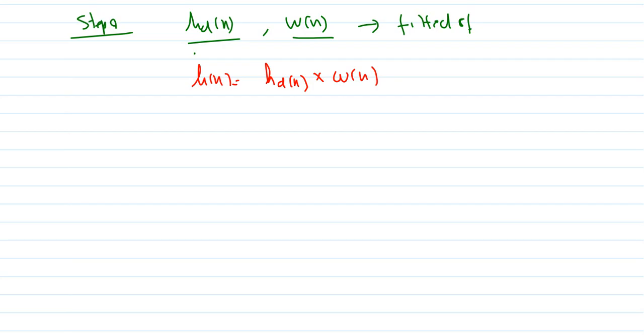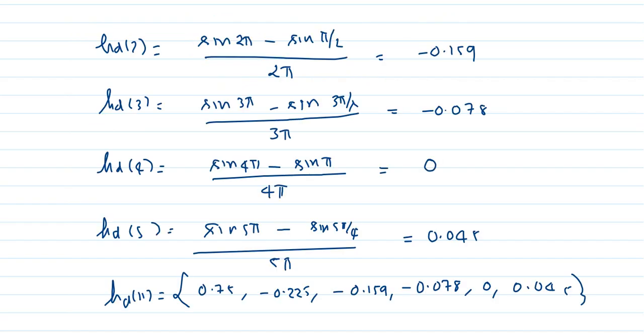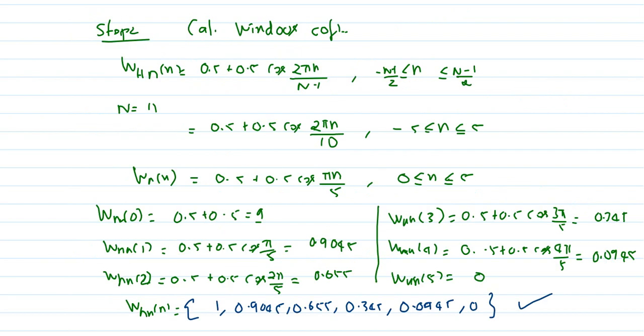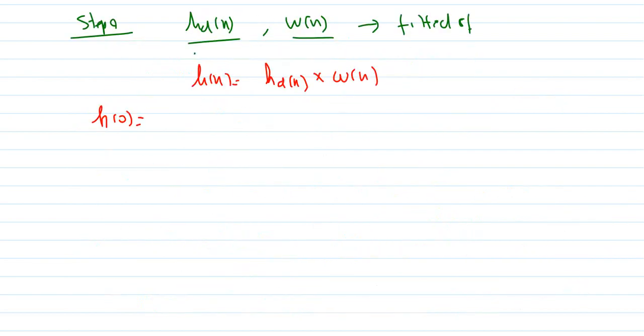So H of 0 is Hd of 0 into W of 0. Hd of 0 is 0.75 and W of 0 is 1.